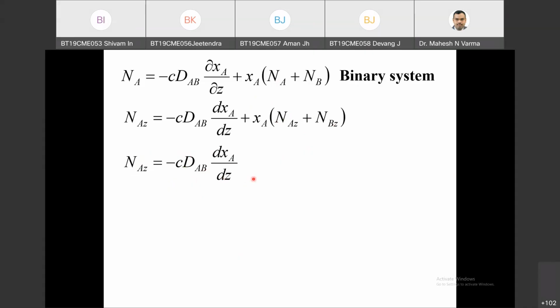Why? Because you can see a reaction involving gas, liquid, and solid. When gas is diffusing through liquid or solid, you can neglect convective diffusion, because in liquid and solid the molecules are compactly packed.